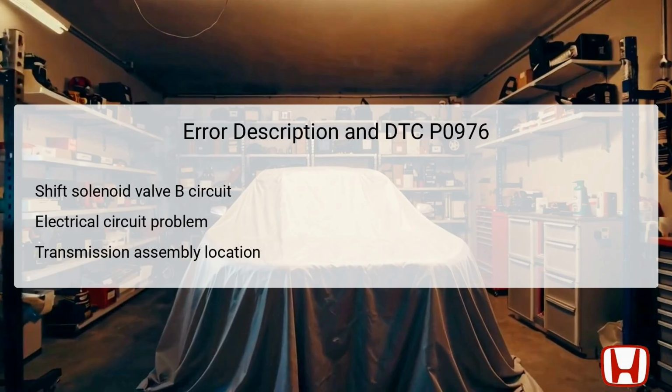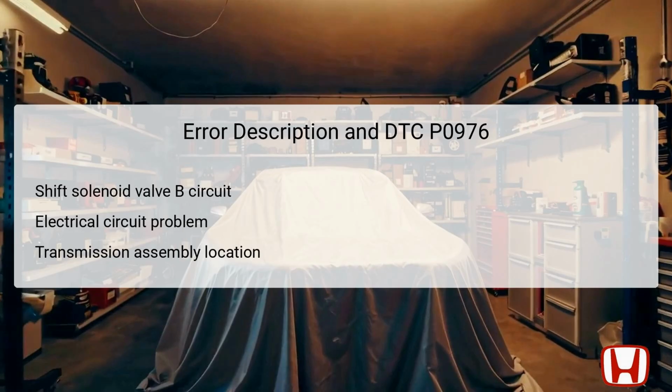The error described by DTC P0976 is related to a fault in the electrical circuit of the shift solenoid valve B. The shift solenoid valve is responsible for controlling transmission fluid flow, thereby enabling gear changes necessary for efficient vehicle operation. This solenoid is directly integrated within the transmission system, typically situated in the valve body.